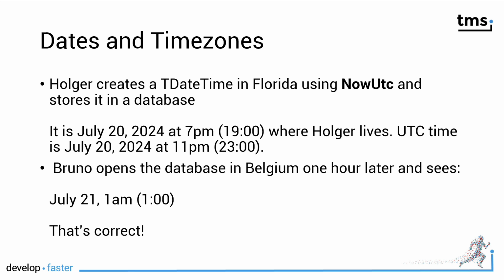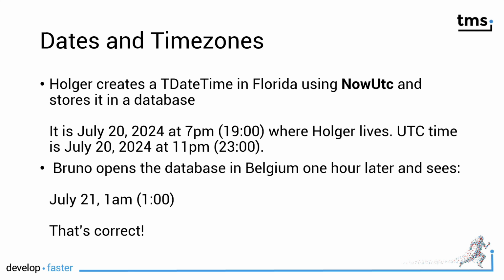So it is still July 20th, 2024 at 7 p.m., and the UTC time is going to be July 20th, 2024 at 11 p.m., 2300 hours. And that is actually the value that gets stored into the database.